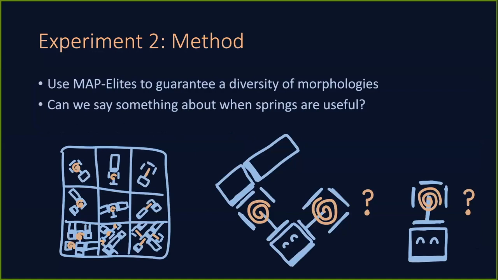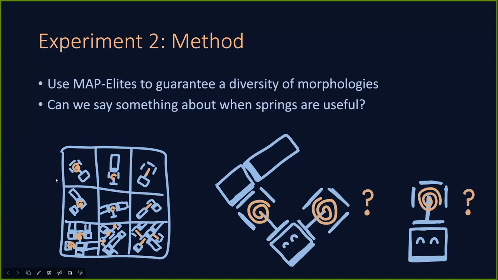And that's why we decided to use MAP-Elites. So our intuition was that the size of the robot would affect what springiness was good for that robot. Therefore, we wanted to guarantee having a diversity of different robot sizes and also a diversity of spring stiffness, so you could see if there is some connection between the spring stiffness and the morphology or the size of the robot. So MAP-Elites is an evolutionary algorithm that creates a grid, a quality diversity algorithm.